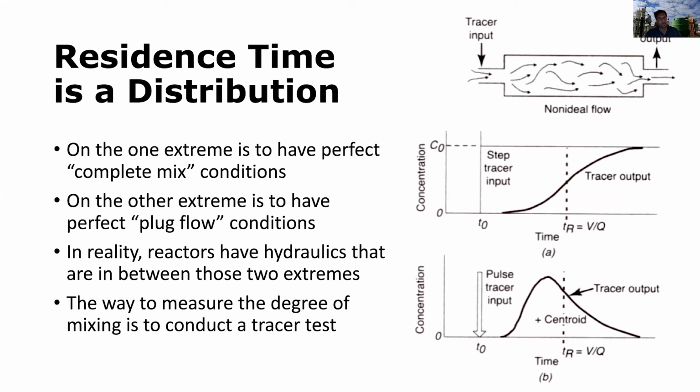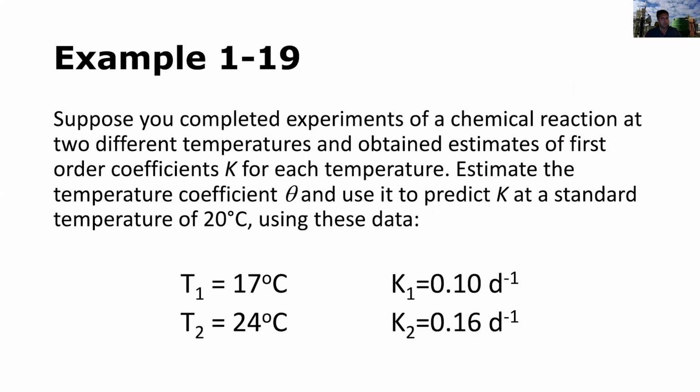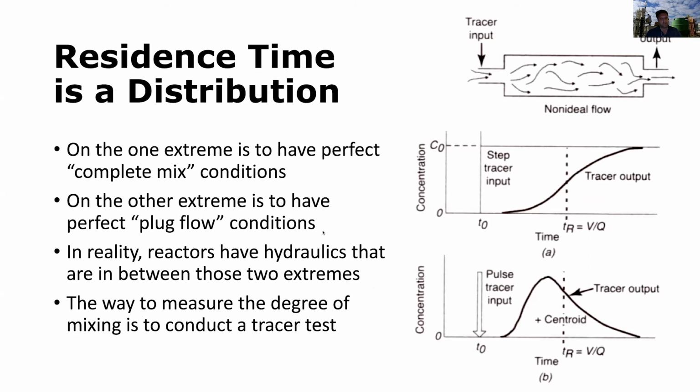Another thing we want to note is that residence time in a reactor is not a fixed value, but it's a distribution. So on the one extreme, we might have perfect, completely mixed conditions. But on the other extreme, we might have perfect plug flow conditions.